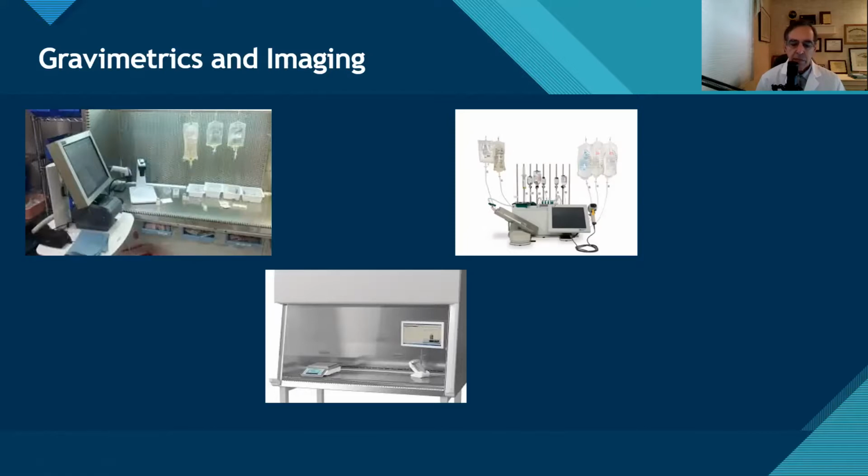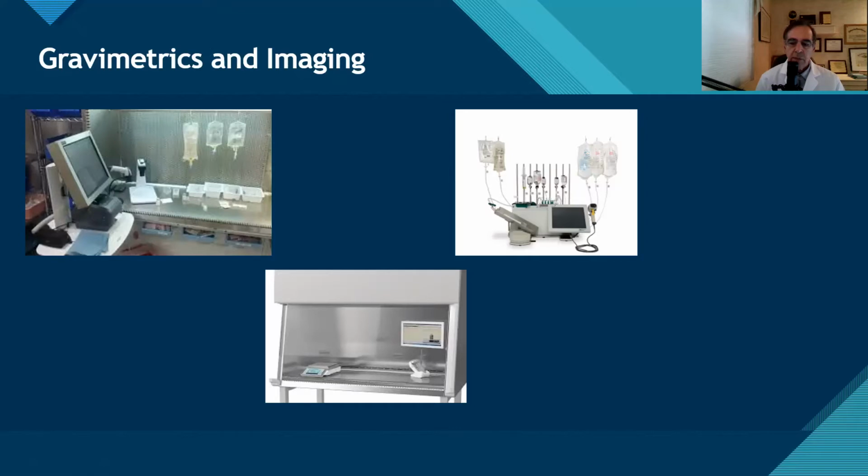And then we can use gravimetrics for measurement, or simply use imaging to capture photos of the process as the technician is making the solution, so that the pharmacist can verify that outside the clean room and know in detail what happened, what went into that IV.